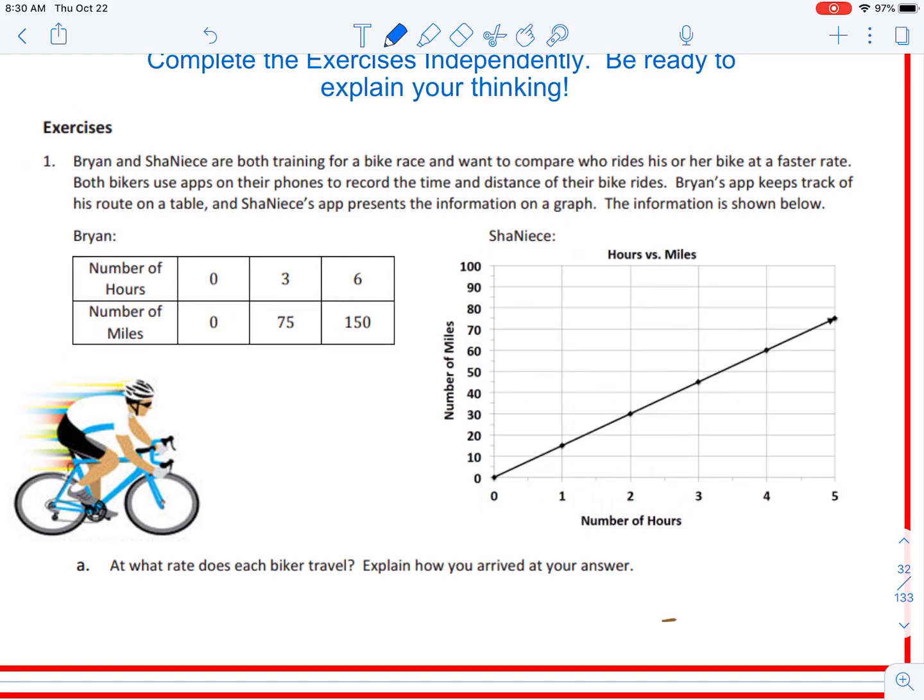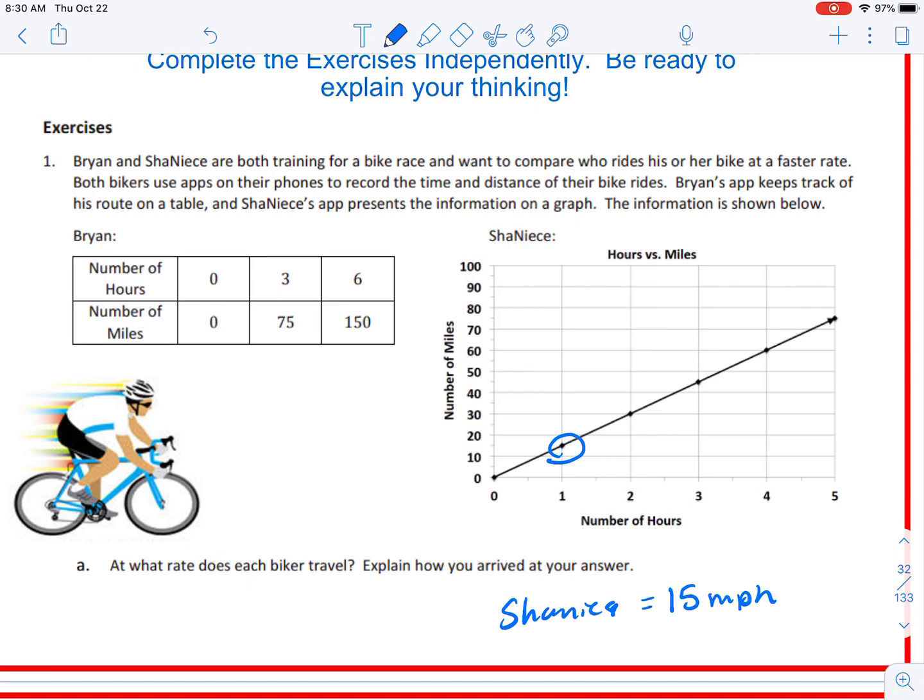Okay, so letter A says, at what rate does each biker travel? Well, we already know Shanice's, okay, because she hit 15 miles in 1 hour, okay, as we see here. So Shanice is going to be 15 miles per hour.